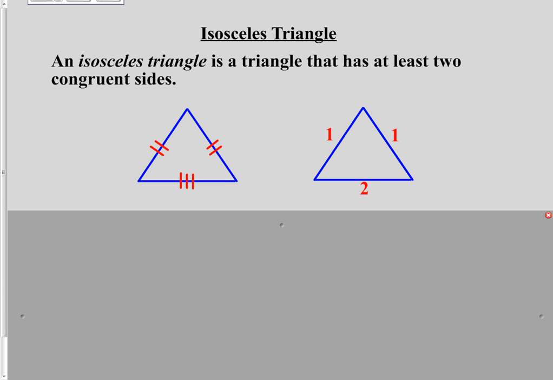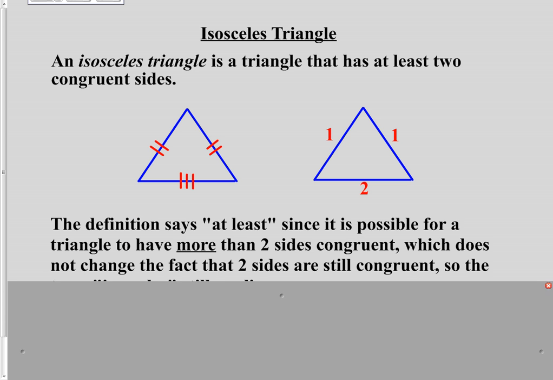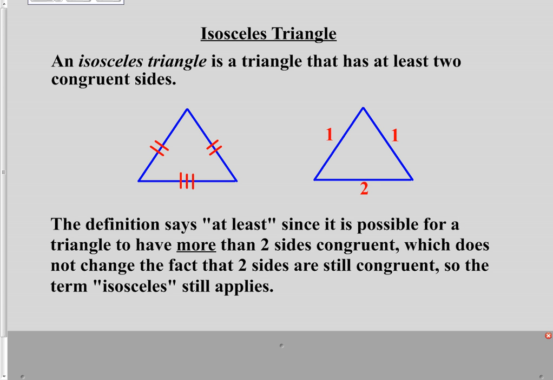Now let's go back to that definition and talk about this term at least. Why does it say at least two congruent sides? That's actually a very important point, which you probably have not been exposed to yet in junior high. We should know that it is possible for a triangle to have more than two sides congruent. It definitely could have all three sides congruent. But the question is, even though it has more than two sides congruent, does that change the fact that it still does have two sides congruent?